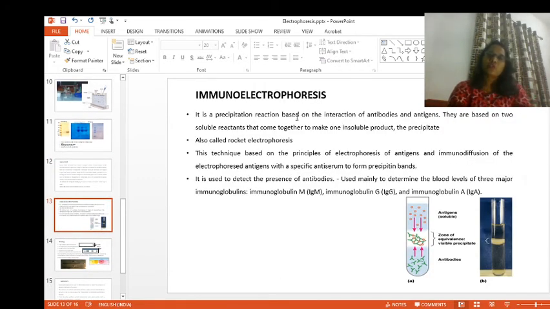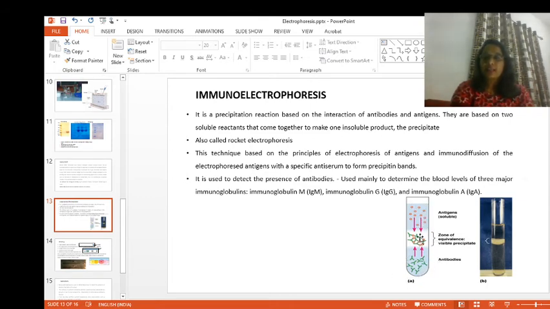And now let's move to immunoelectrophoresis. We have described what electrophoresis is, and what is this immuno. Immuno means the antigen antibody reaction. So it is a precipitation reaction based on the interaction of antigens and antibodies. It is based on soluble reactants. Here we can see this is the antigen, a soluble reactant, and the antibody is also a soluble reactant.